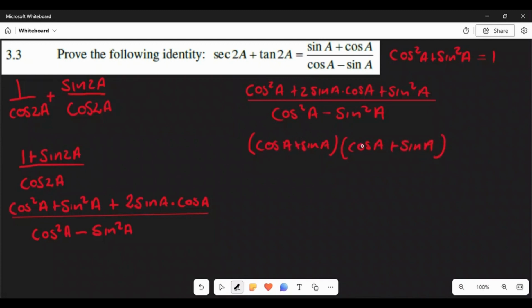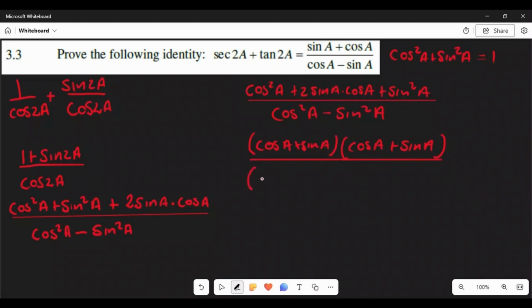Cos multiplied by cos gives us cos squared. Cos multiplied by sine gives 1 sine cos. Sine multiplied by cos gives another sine cos. When you add them, they give you 2 sine cos. Then sine multiplied by sine gives sine squared. So this is correct. Then underneath on the denominator, we have the difference of two squares.